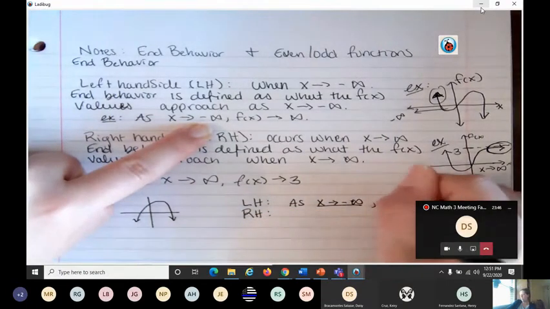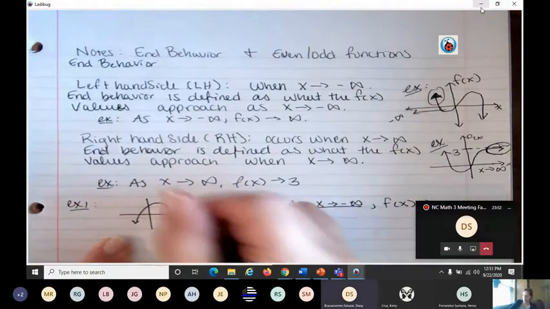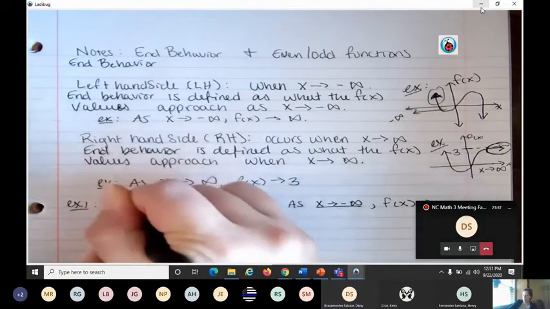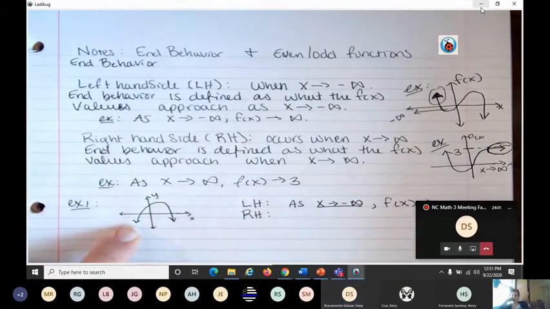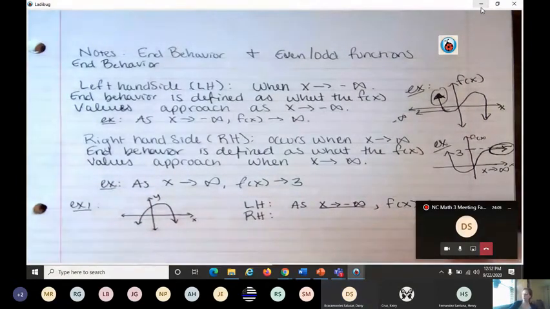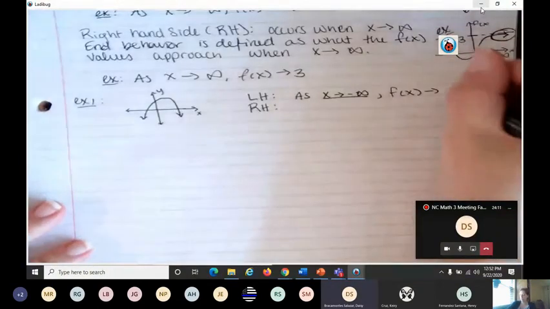My f of x's, what are they going to do? So what am I doing on this left-hand side here? They're going down. Yeah, so if we're going down forever, what number is that approaching? A negative. Good, negative infinity.